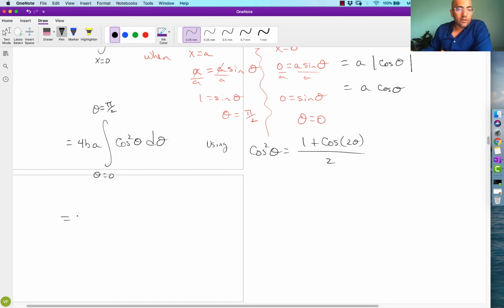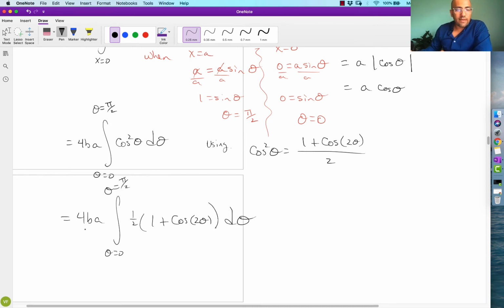So this will become 4BA times the integral of theta goes from 0 to pi over 2, and this becomes 1/2 (1 plus cosine of 2 theta) d theta.